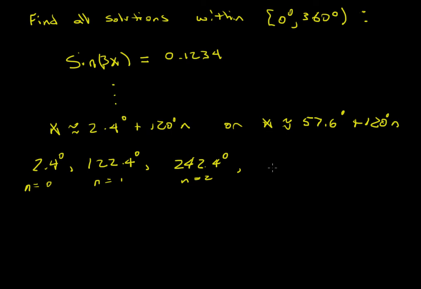We would have 57.6 degrees for n equals 0. For n equals 1, we would multiply 120 by 1, add that to 57.6 and get 177.6.